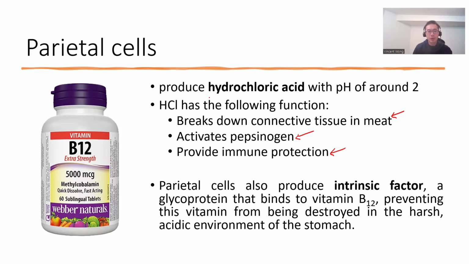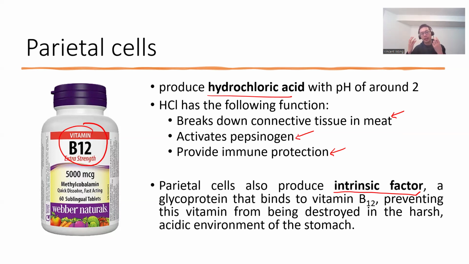In addition to hydrochloric acid, the parietal cell also produces something called the intrinsic factor. It turns out we need vitamin B12 in the body. It's going to help us with hemoglobin production and stuff like that.